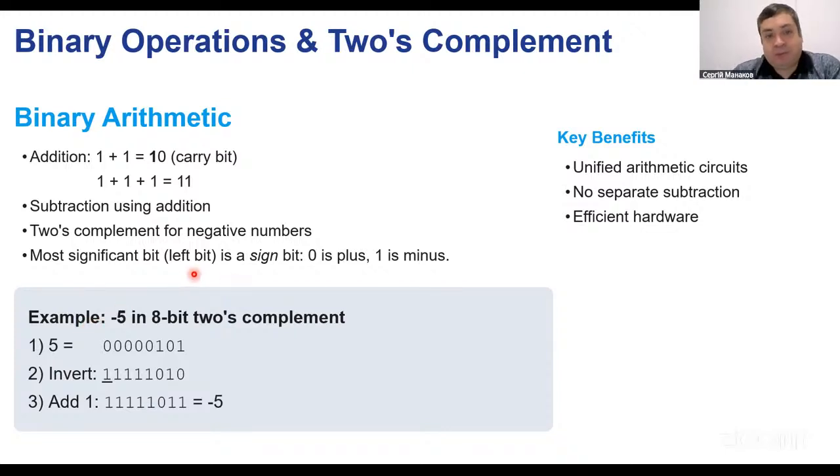For this sign, people decided to use the most significant bit. It's just the left bit. It will store the sign. If it is 0, it is plus. If it is 1, it is minus.